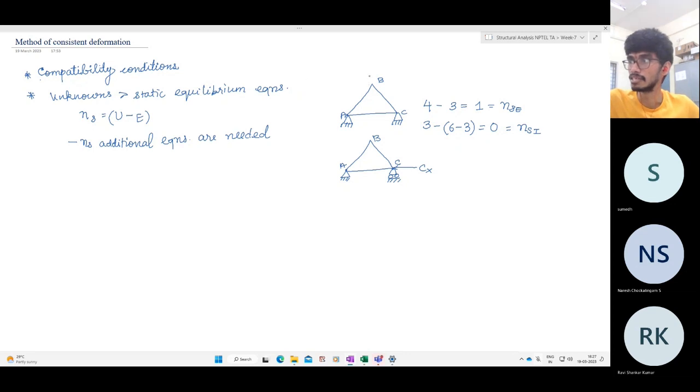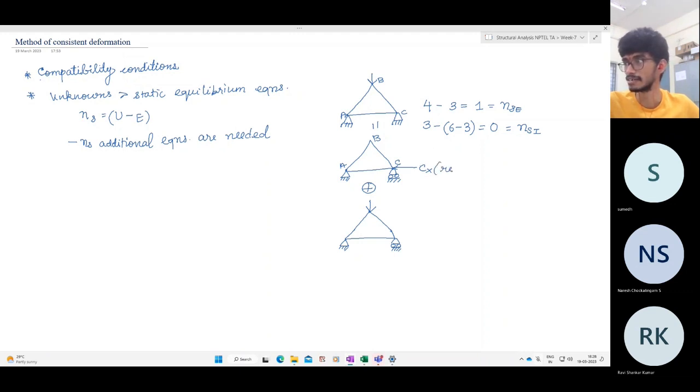Now this truss may be subjected to some loads. So this situation can be written as a superposition of this plus this. So we identify the number of reactions that keep the structure just stable. We denote those additional forces as a redundant force.